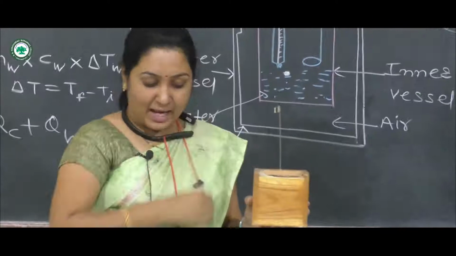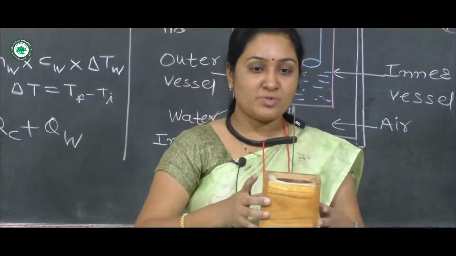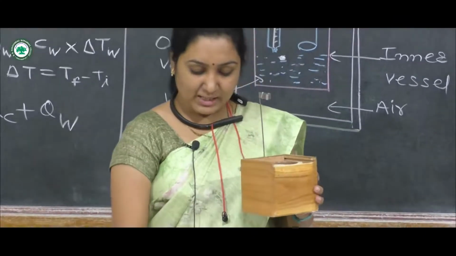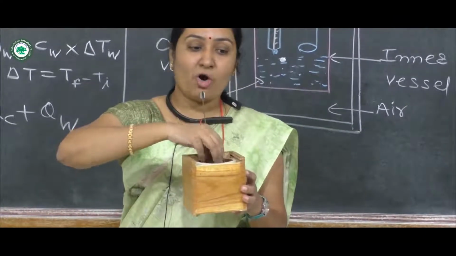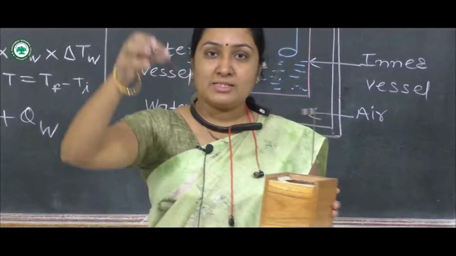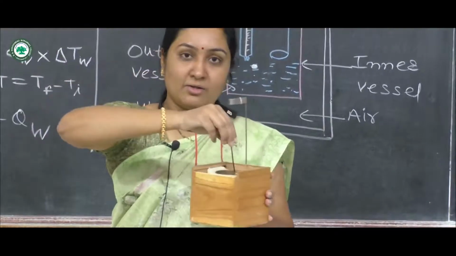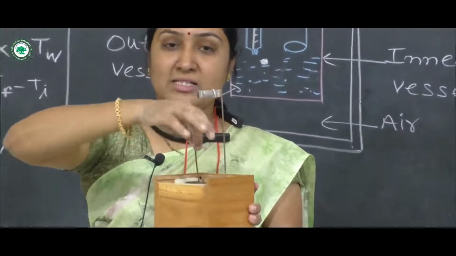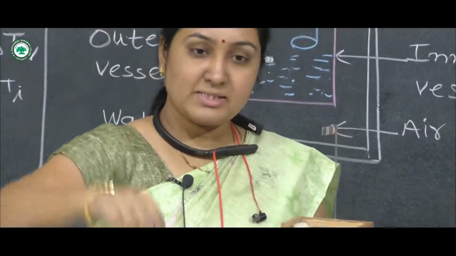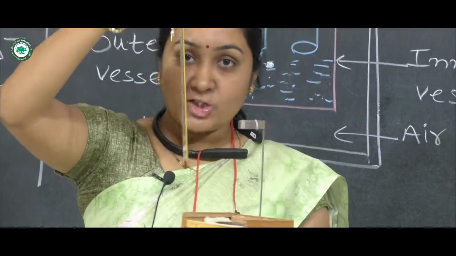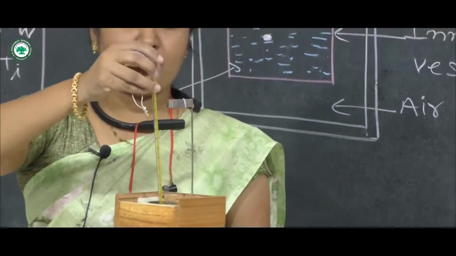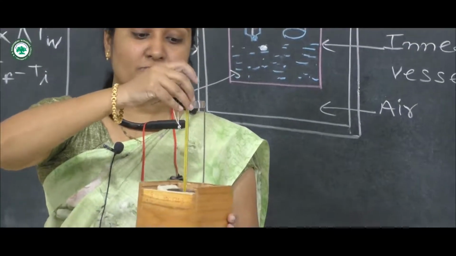Now in this calorimeter, suppose we have an object at a particular temperature. First we heat that object, then we insert the object in this calorimeter. Then this is a stirrer, by using which we can stir the water or liquid. And this is a thermometer which we use to measure the temperature of this water.